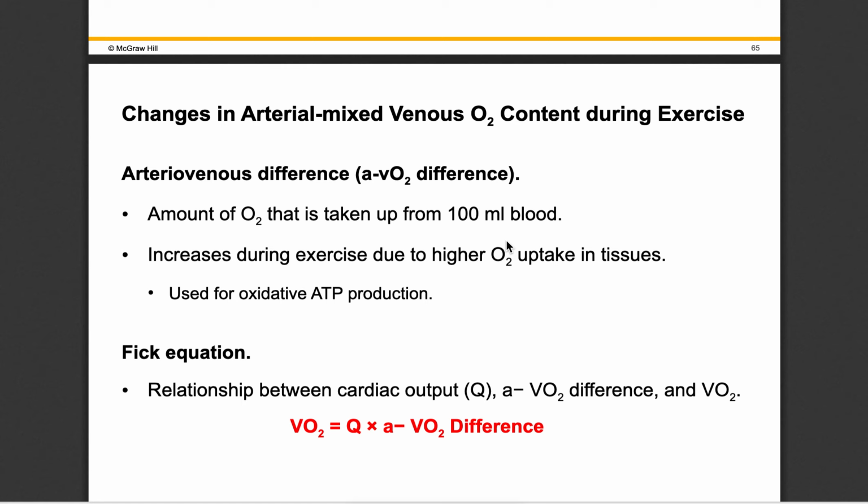What happens is it's all diffusion. It's all a pressure gradient. During exercise, you're utilizing more oxygen at the muscle level, so there becomes a higher differential. There's less oxygen in the muscle and a really high level of oxygen in the blood. So we have more oxygen literally moving into the tissue to be utilized than you did at rest.